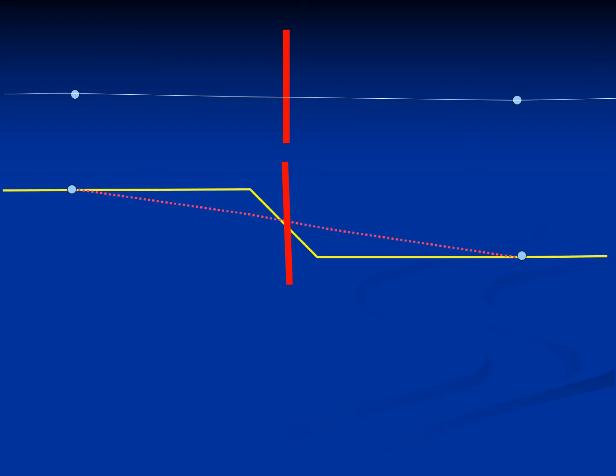If we have two benchmarks, for example, and we find that they were displaced either in plan view or by leveling, we cannot say what the style of deformation was that forced these benchmarks to move.